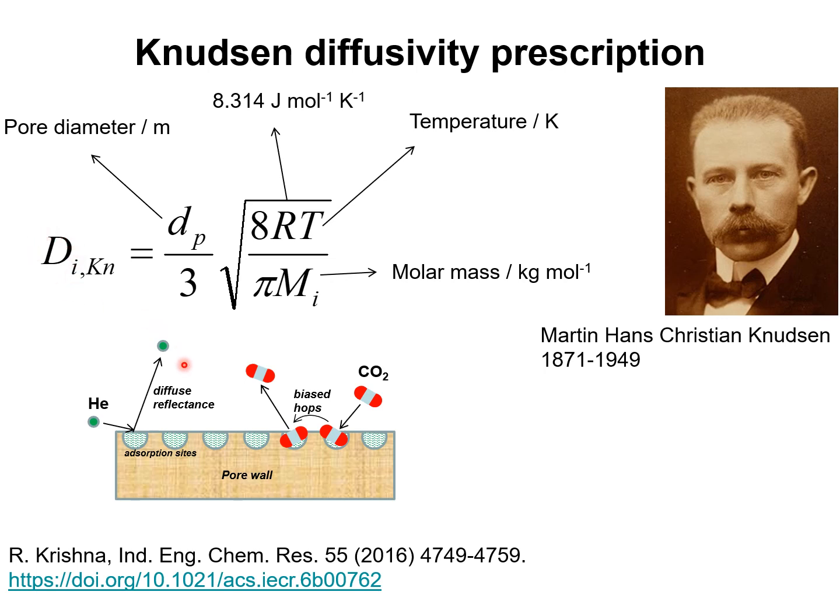The Knudsen diffusivity formula depends on the pore diameter, the temperature, and the molar mass. R is the gas constant. In deriving this formula, it is assumed that the molecule suffers diffuse reflectance. In other words, the angle of incidence bears no relation to the angle of reflectance.